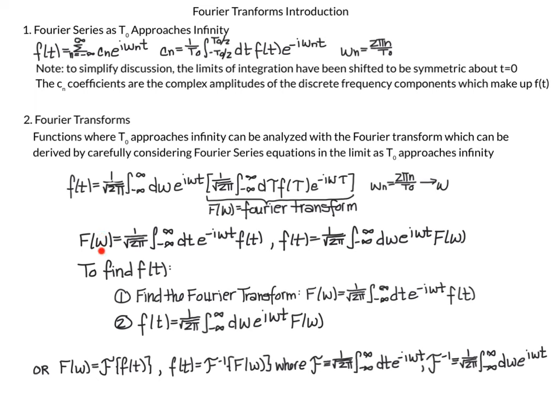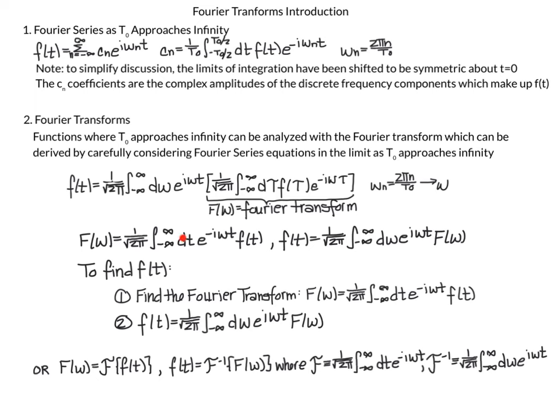In other words, the domain is frequency. So that's the significance of the Fourier transform. It'll take things from the time domain and map them to the frequency domain. But then we can plug this back into f of t, and now we can get back our original function, but now in terms of sines and cosines.